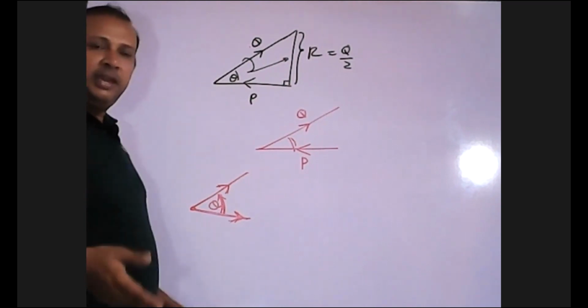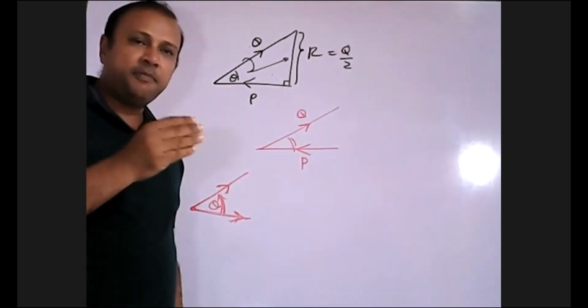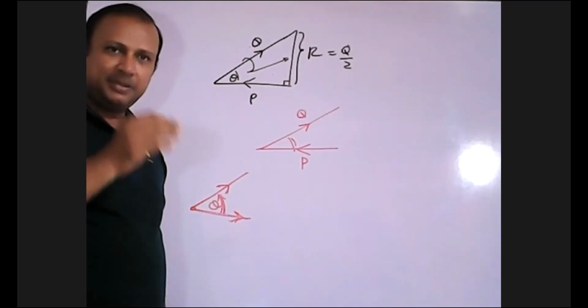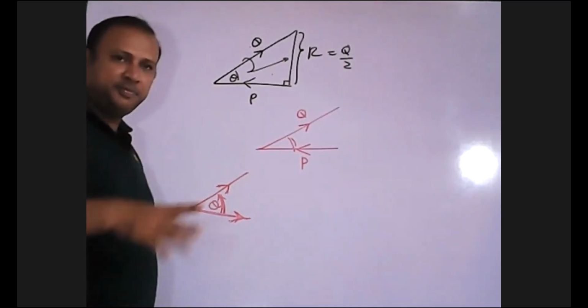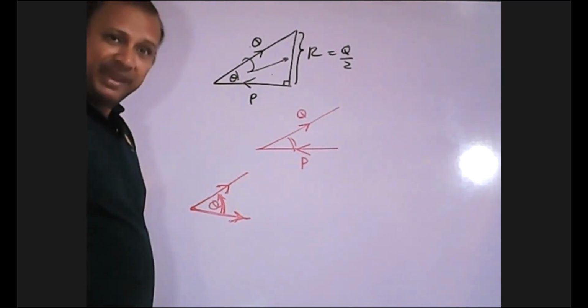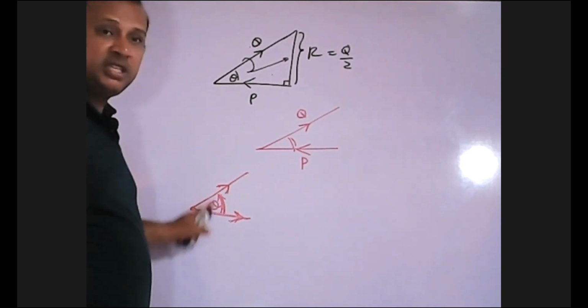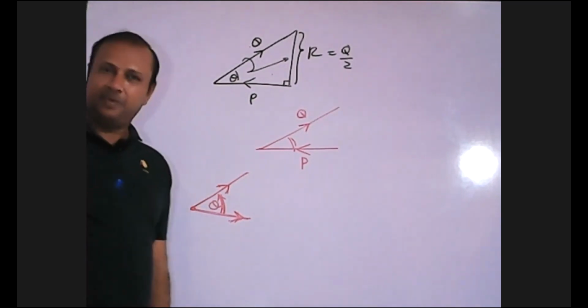Otherwise, we cannot make a parallelogram. The first thing is we have to make a parallelogram. So in order to make a parallelogram, we have to arrange these two forces in this way. Okay, that is standard.